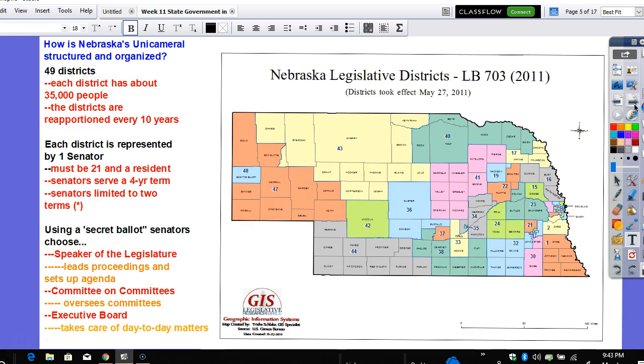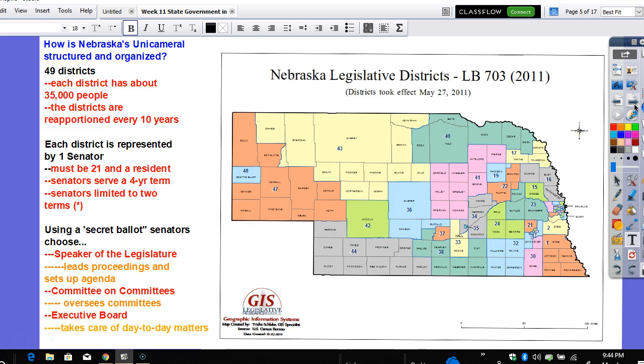And right now, that number is 35,000. So you see District 43 out there with Cherry County. That entire area of District 43, 35,000 people live in that area.